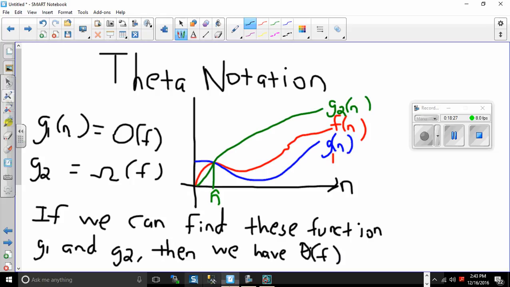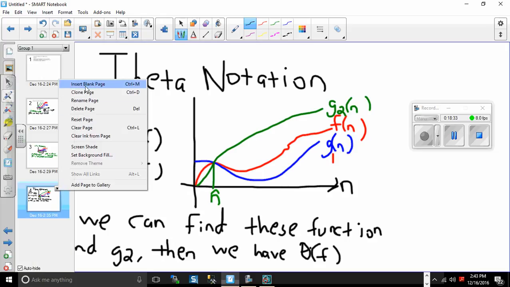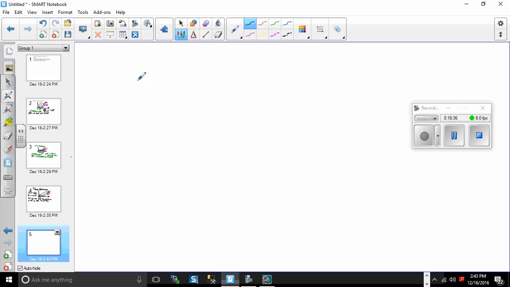So let's talk about the selection sort performance.